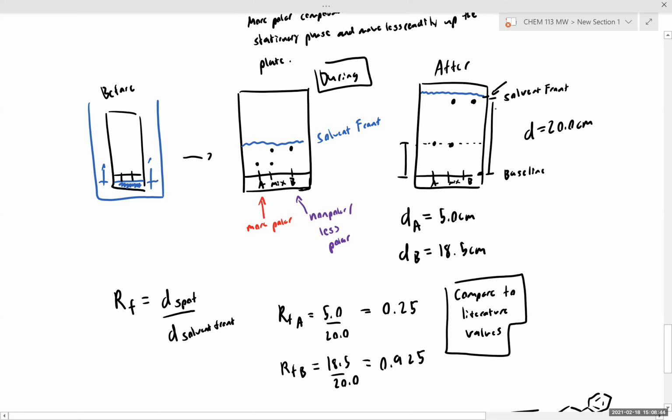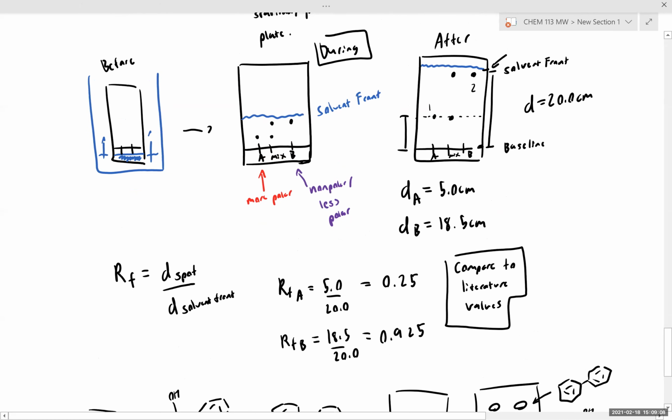You're going to need a ruler for this lab, and you'll see some screenshots posted from this lab on Canvas containing the TLC plates for you to analyze. From each of these distances, we can calculate the RF for each of our two reaction mixture components, or each of the two spots that we see.